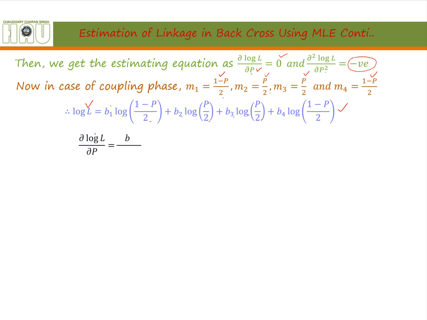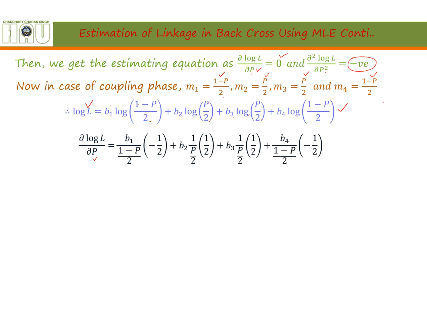So curly log L over curly P. The differentiation of log X, you are very much familiar with, is 1 over X. And d over dx of log of ax plus b is 1 by (ax plus b) into d over dx of (ax plus b).